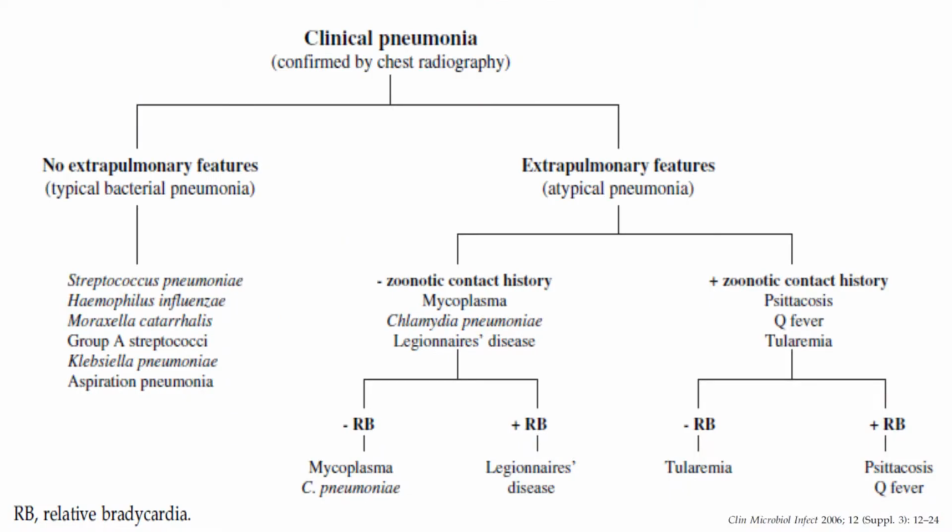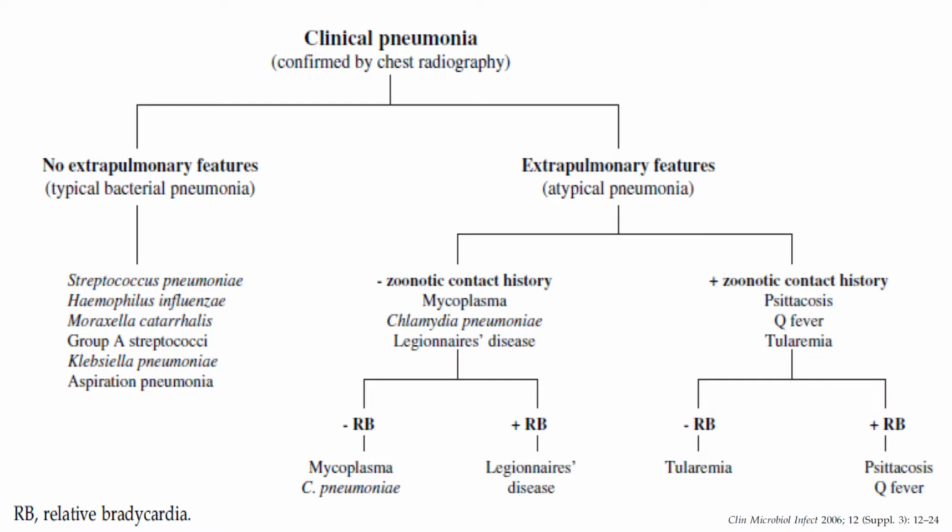When you encounter a patient with clinical pneumonia, in general, if the causative pathogen is bacterial, they mostly have only pulmonary features: fever, productive cough, dyspnea, and you can diagnose by sputum examination.